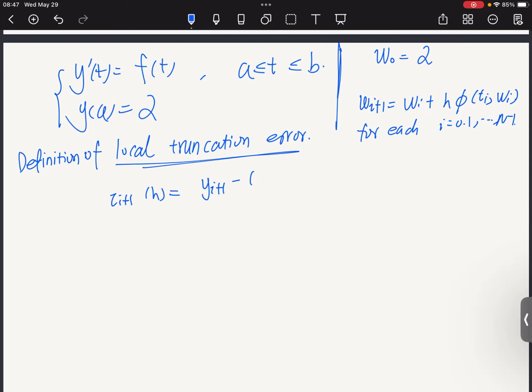So on the right hand side, we should have y_i plus h times phi of t_i, y_i. And we also want to divide this by h.